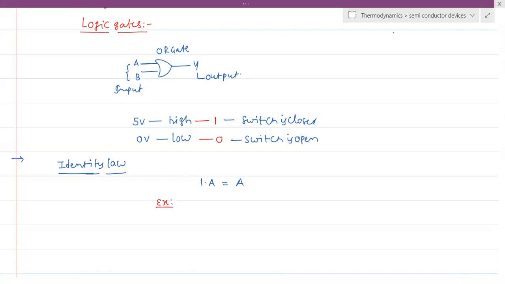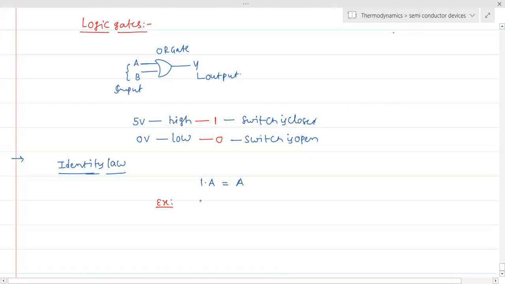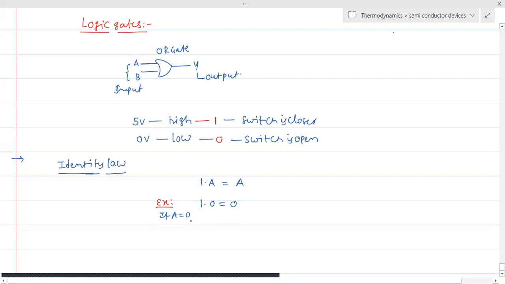Suppose, for example, I am taking A equivalent to 0, the input is 0. 1 into 0 is nothing but 0. So it is clearly visible that we got the answer as A. Therefore this equation is verified.